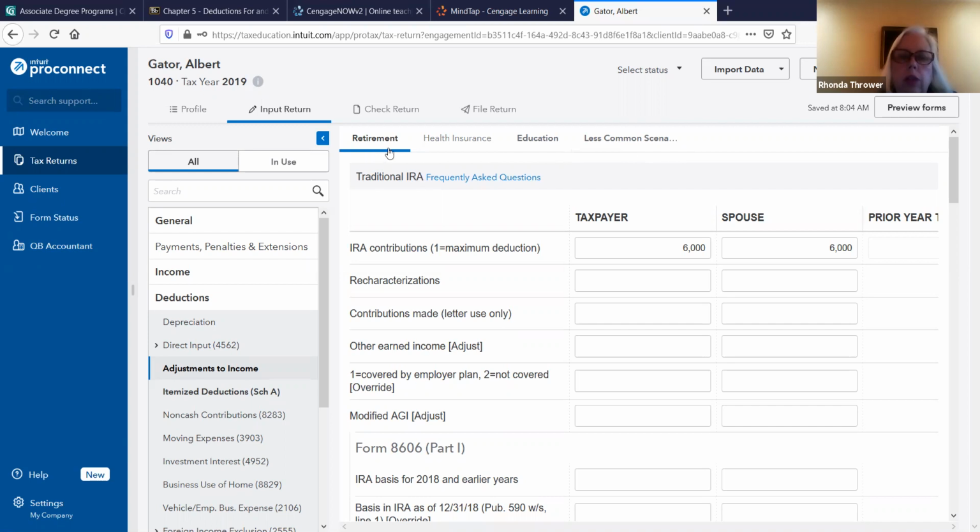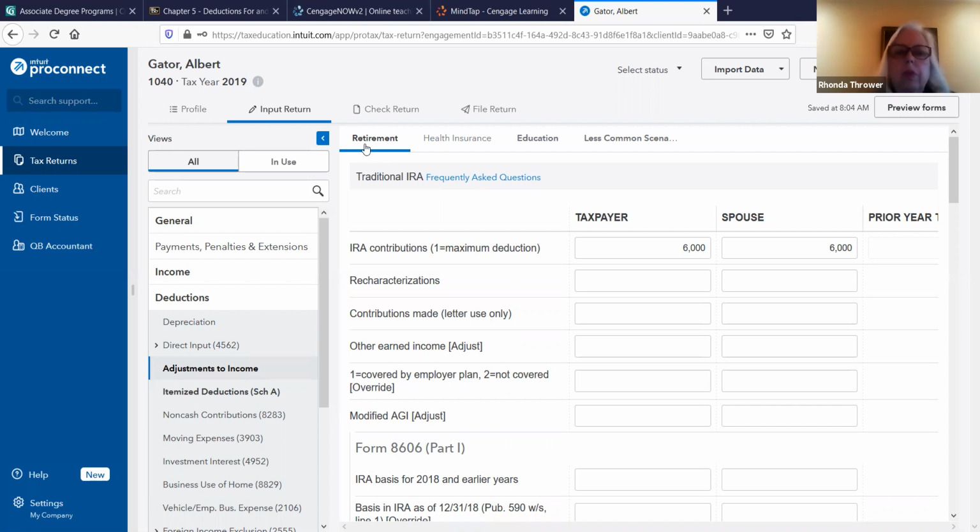In the problem for chapter 5, toward the end, in the second to the last paragraph, it says for the 2019 tax year, on April the 15th, 2020, Albert contributes $6,000 to a traditional IRA for himself and $6,000 to a traditional IRA for his wife.